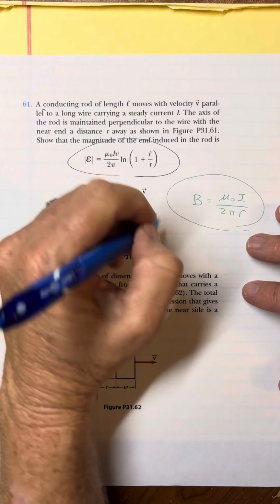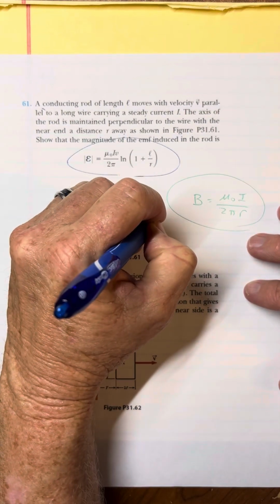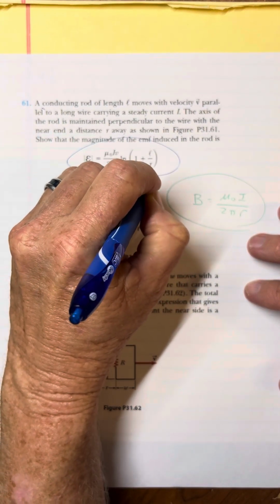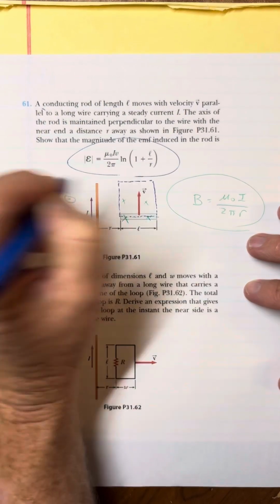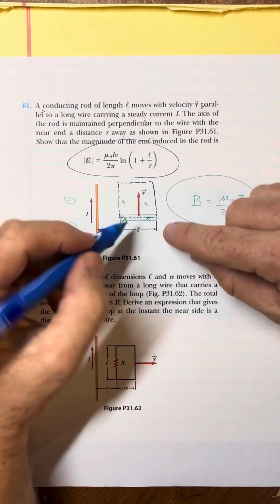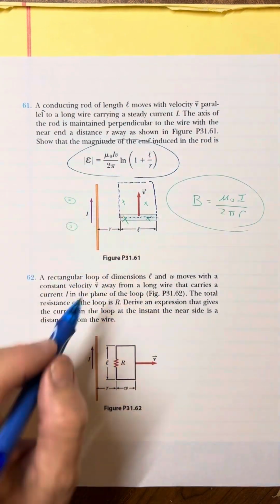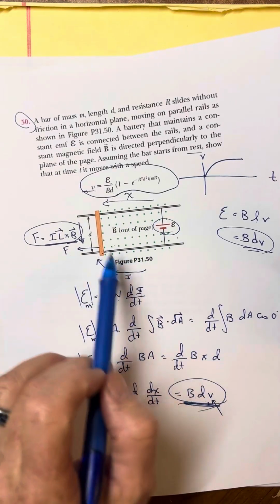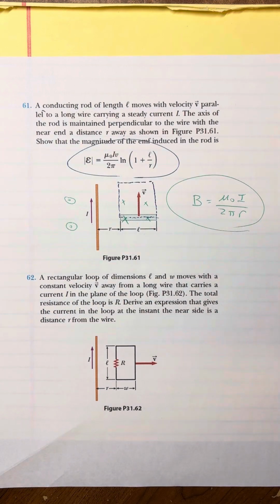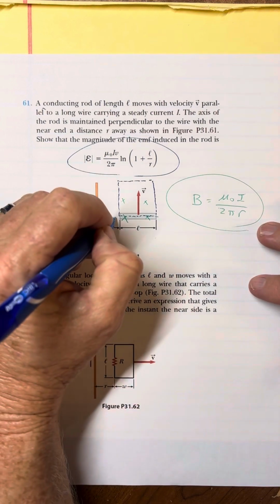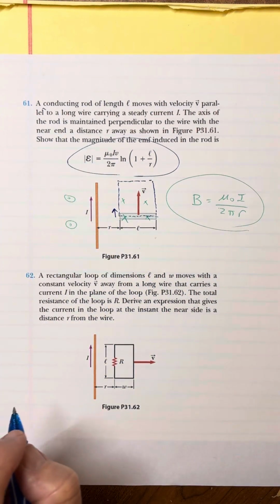Okay, so why don't I make kind of a little rectangle here, just so that I can kind of see as this bar is moving. And so it kind of gives me a little bit nicer way of seeing here that, okay, I'm going to be changing some flux. And so as I change that flux, this bar is, of course, moving in.